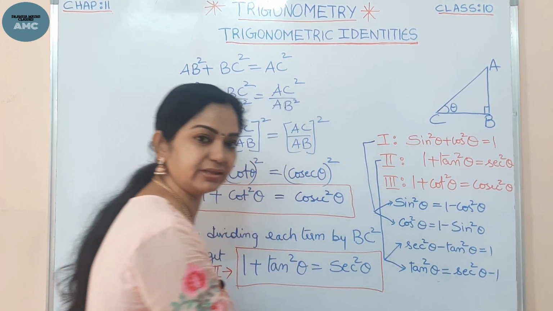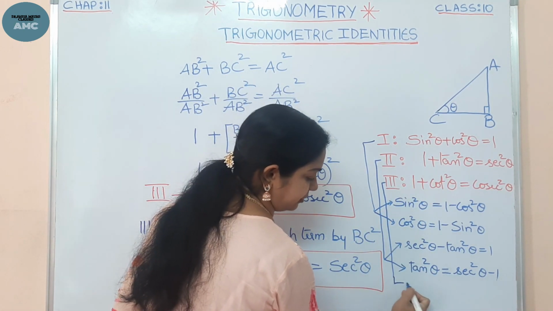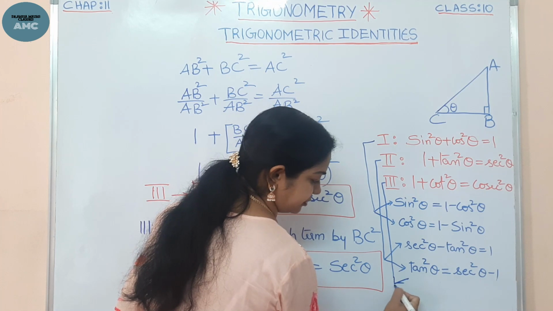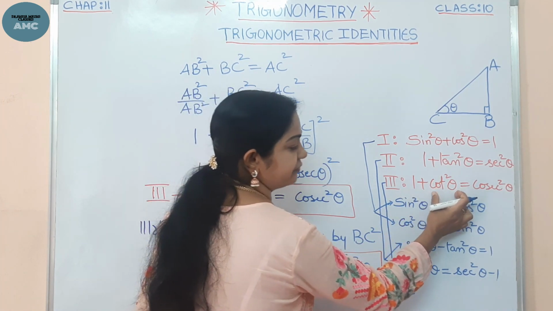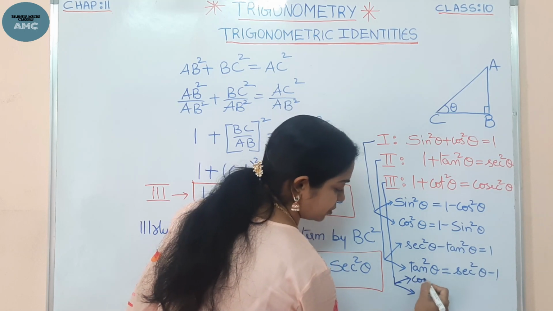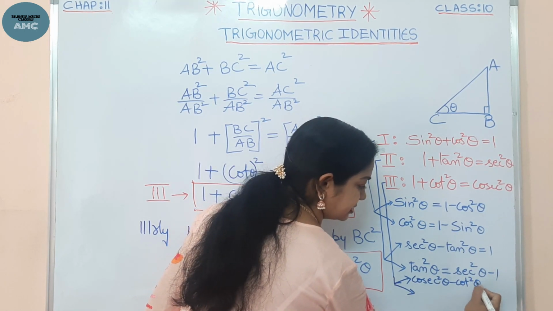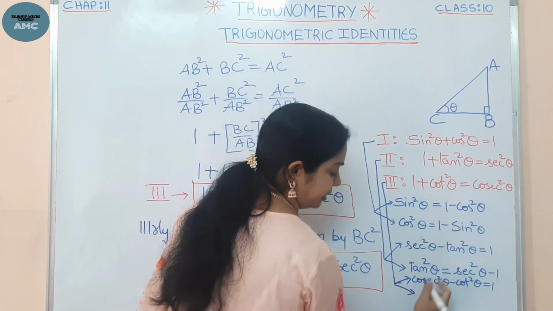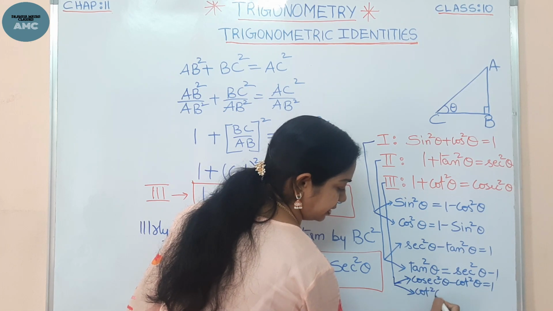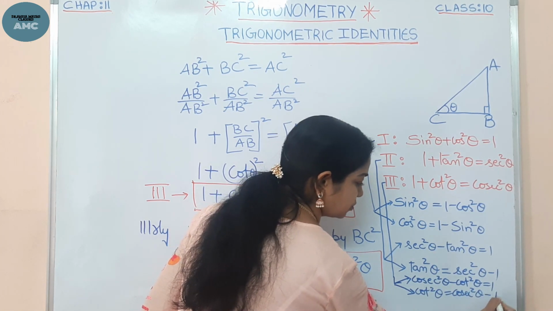No need of remembering these. From the second one we got these 2. Likewise from the third one we can deduce another 2. Shift this cot square to the other side. That comes to cosecant square minus cot square is equal to 1. And if I want cot square theta, it is equal to cosecant square theta minus 1.